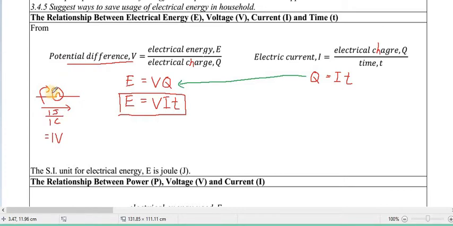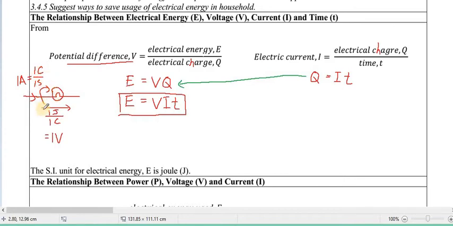And if we want to know how much energy has transferred into the bulb, then we need to know every 1 second how much charge has passed through. So we have to look at the current. So let's say that the current is 1 ampere. So 1 ampere means that every 1 second, 1 coulomb of charge passes through.